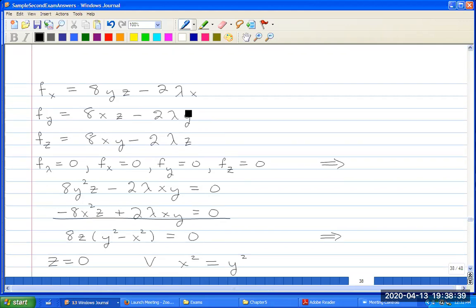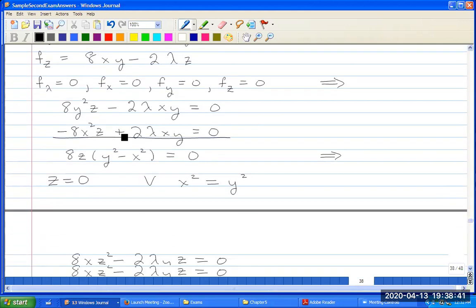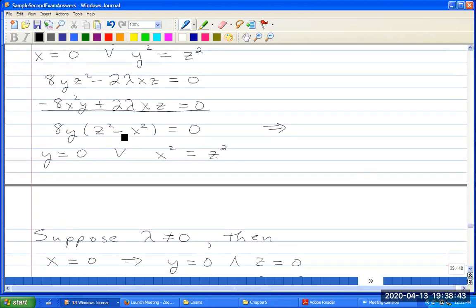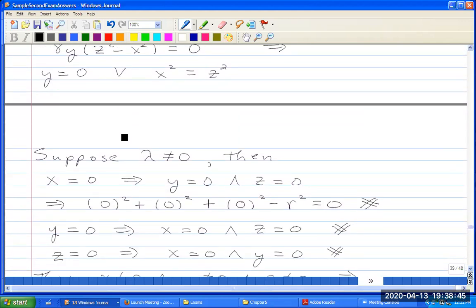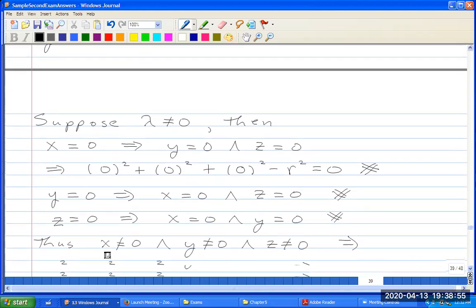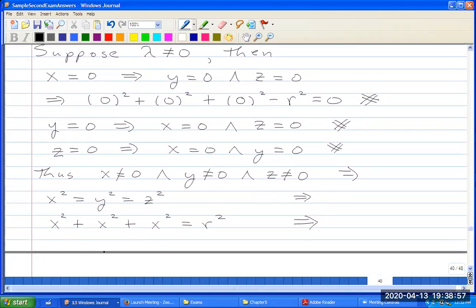And so using these, we get a contradiction that r squared has to be 0 if either x, y, or z is 0. Okay. So we have that x, y, and z can't be 0.